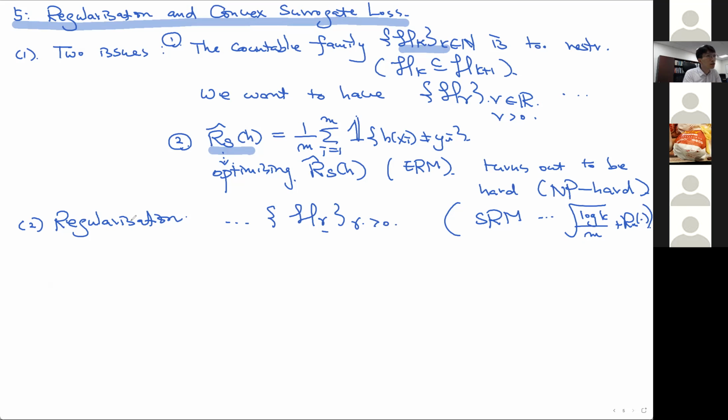I think the best way to understand regularization is to see an example. One example is the hypothesis set H_gamma.